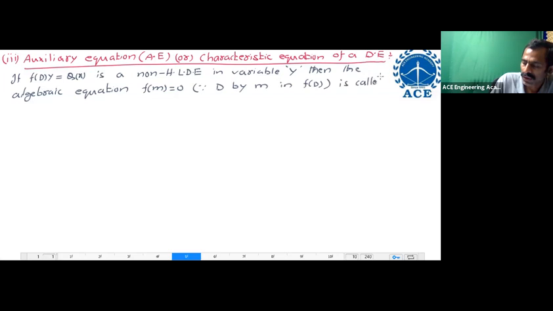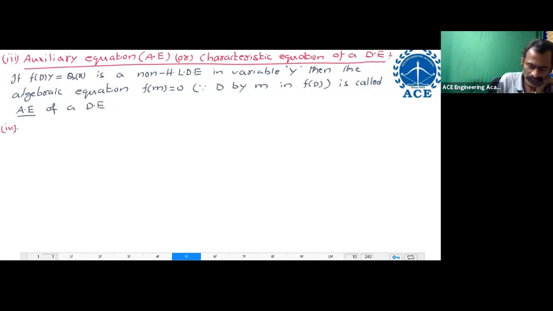Later, I will give an example, or by taking an example, discuss this auxiliary equation also. It is about the auxiliary equation or characteristic equation.